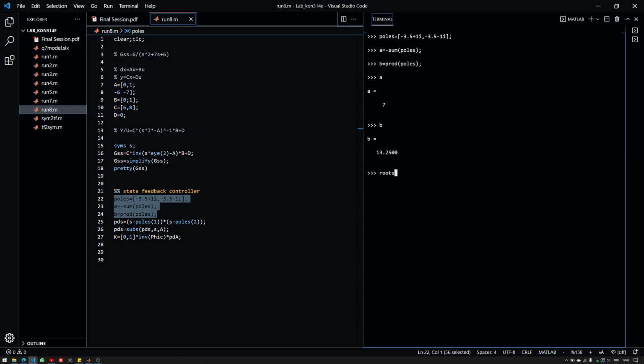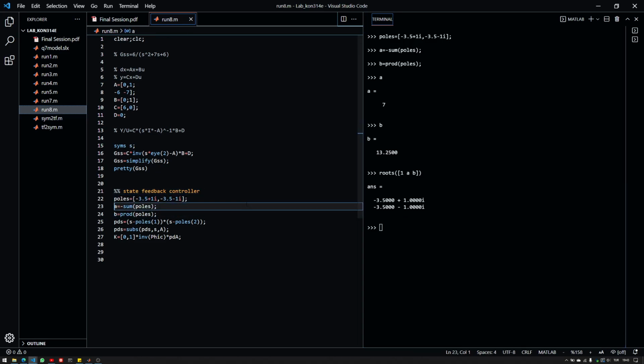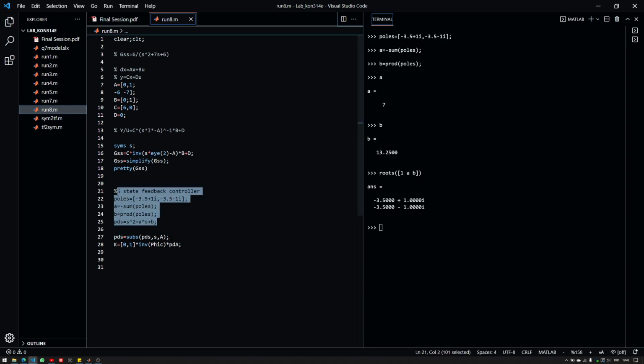And the roots of 1, a and b gives us again the same, as you can see. So Pd(s) is basically, and it makes more sense to write it like this because of numerical sensitivity, s squared plus a times s plus b. So this is Pd(s).